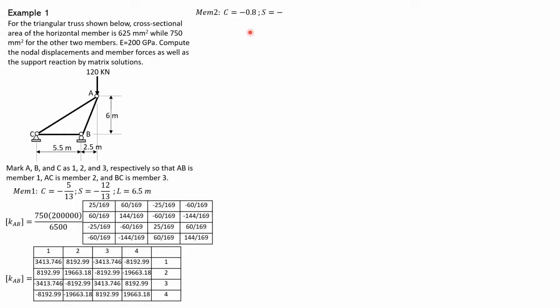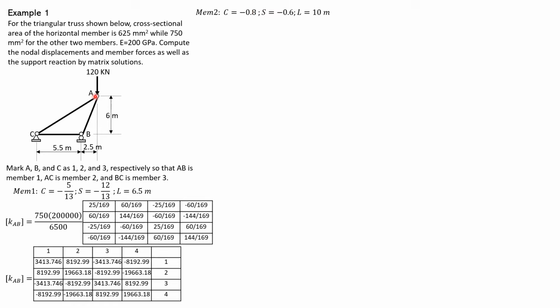Number 2 is AC, and A to C is down to the left, which is why it is also negative. So for the cosine, 2.5 plus 5.5 is 8. With the vertical being 6, the length of AC is 10, so the cosine is negative 8 over 10, or negative 0.8.